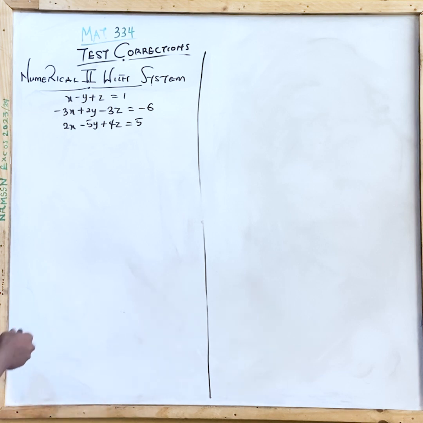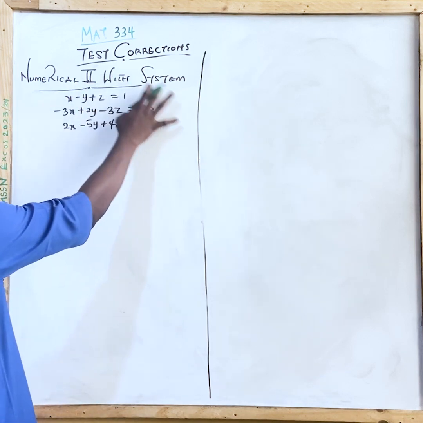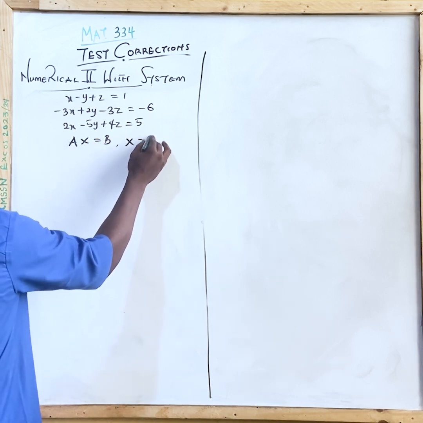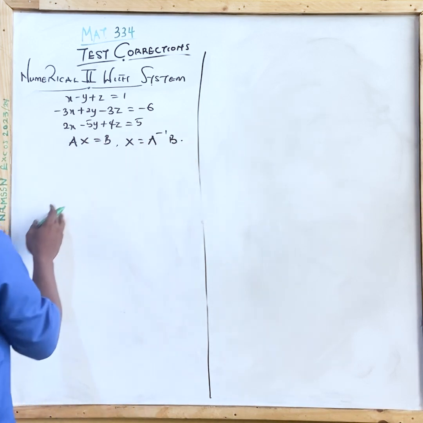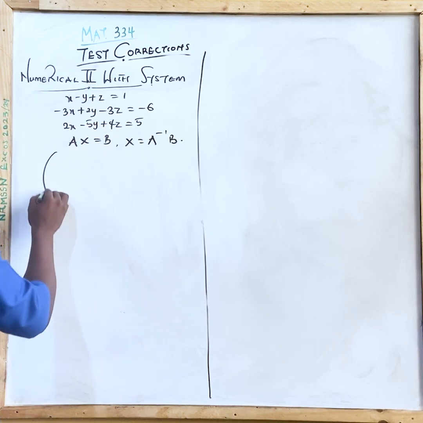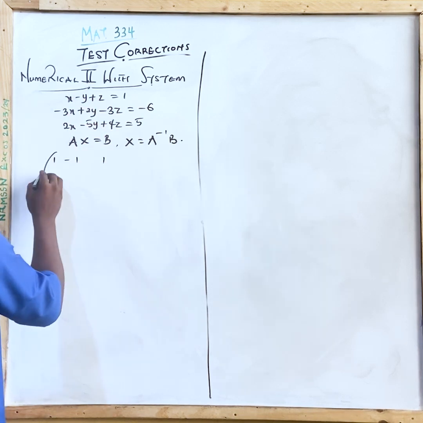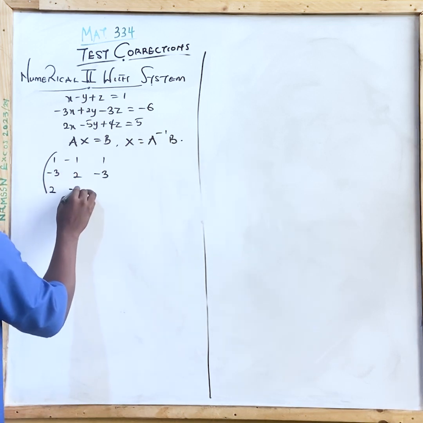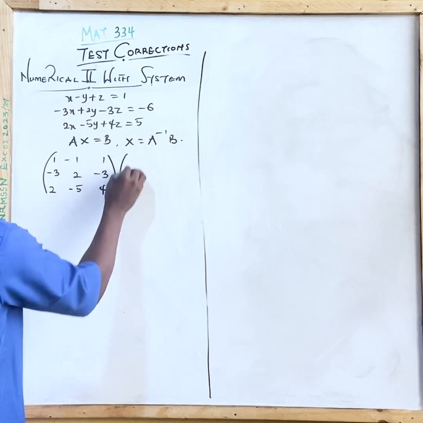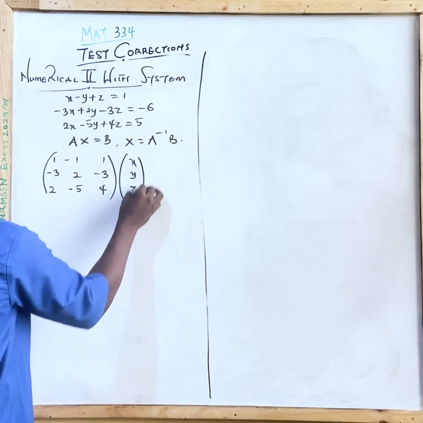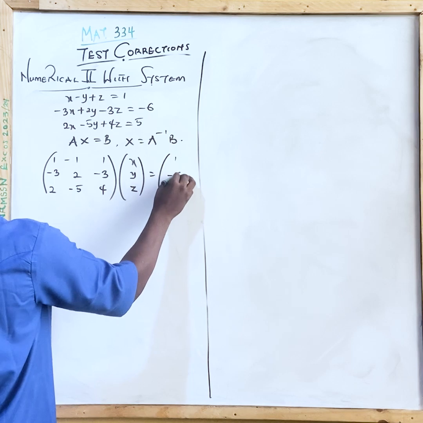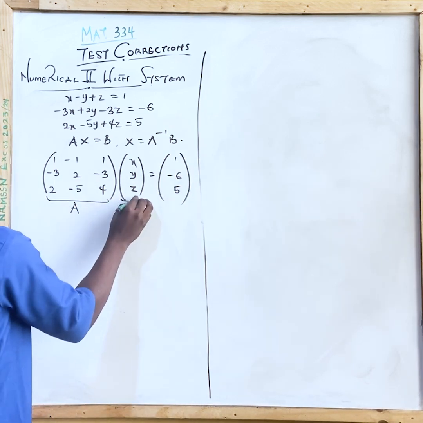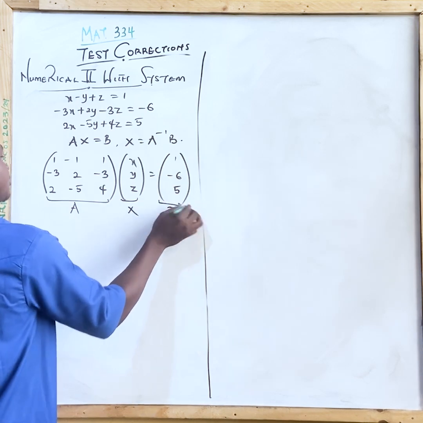So of course, after we've converted this to AX equal to B, then our X can then be A inverse times B. So converting into matrix form, we have 1 -1 1, -3 2 -3, 2 -5 4, times X, Y, Z equal to 1, -6, 5. So this is our matrix A, this is the matrix X, and this is the matrix B.